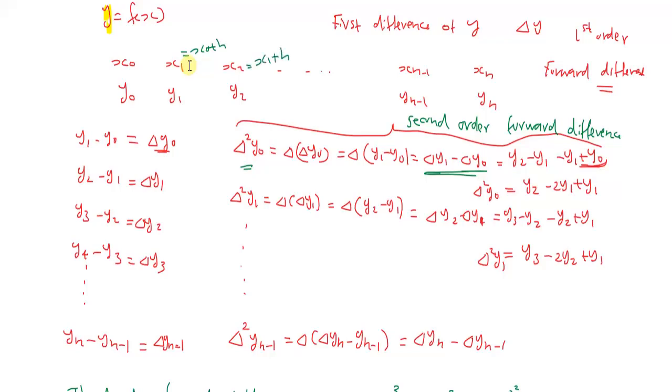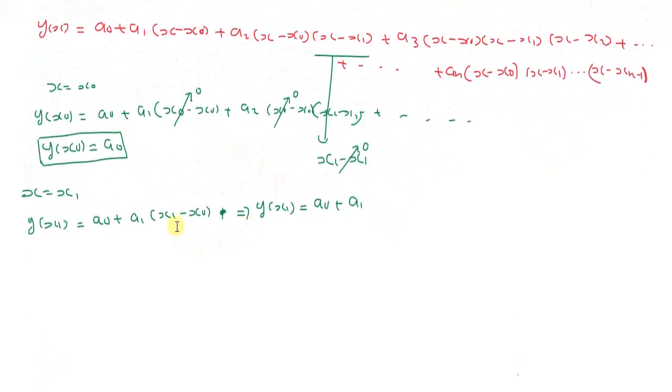So x1 minus x naught will be equal to h. So this will be a naught plus a1 into h. Now we know that y of x1 is equal to, what is a naught? A naught is y of x naught. So this is y of x naught plus a1 into h.